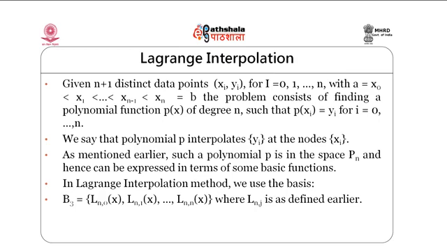As mentioned earlier, such a polynomial P is in the space P_n and hence can be expressed in terms of some basis functions. In Lagrange interpolation method, we use the basis B_3, which is given by l_{n,0}(x), l_{n,1}(x), ..., l_{n,n}(x), where l_{n,j} is as defined earlier.